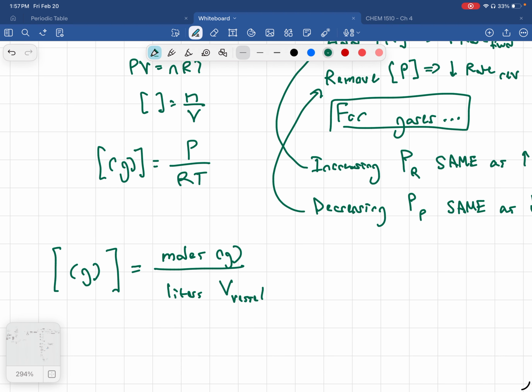So the volume of your container, because remember, gases fill the entire container. The concentration of a gas is just the number of moles of gas in that volume. And if we want it to be molarity, then we have to have moles of gas divided by the volume of the vessel in liters.